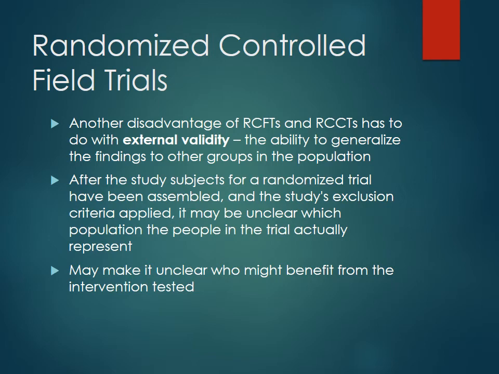After study subjects for a randomized trial have been assembled and the study's exclusion criteria applied, it may be unclear which population the trial actually represents. So again, just go back and look at those inclusion-exclusion criteria. It might make it hard to tell who might benefit from the intervention being tested. This is done very frequently in pediatrics, because we mentioned there are a lot of ethical issues with doing trials in kids, so a lot of times we're extrapolating adult data back to children.